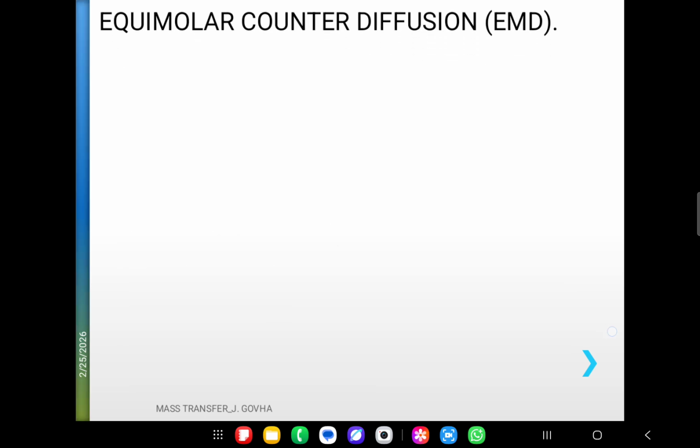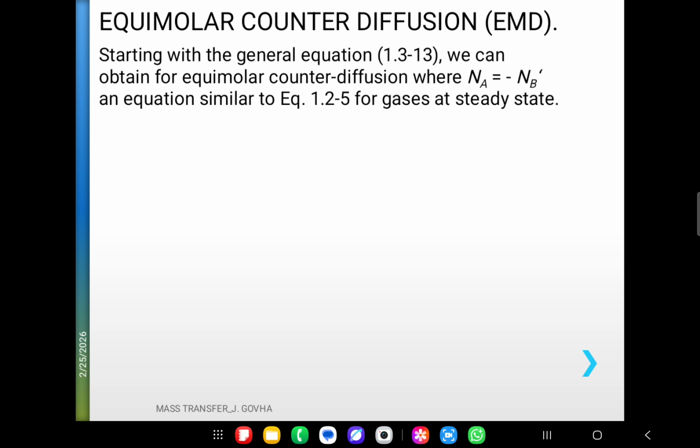So a closer look at equimolar counter diffusion.